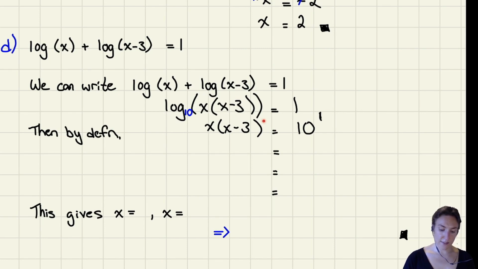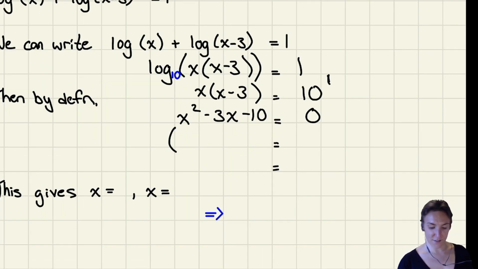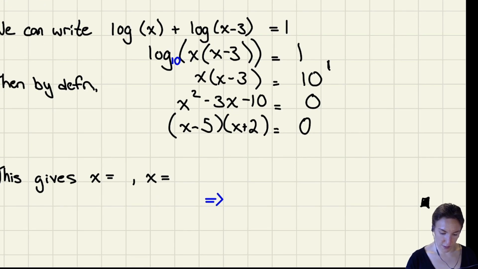Now, when I expand this, so what gives me 10? 5 and 2 is a candidate. And because this is minus, one of the terms will be minus something, one of the terms will be plus something. Okay, we have negative 3. So if I have negative 5 plus 2, then it's going to be okay. Remember, this means that this term is equal to 0. This term is equal to 0.